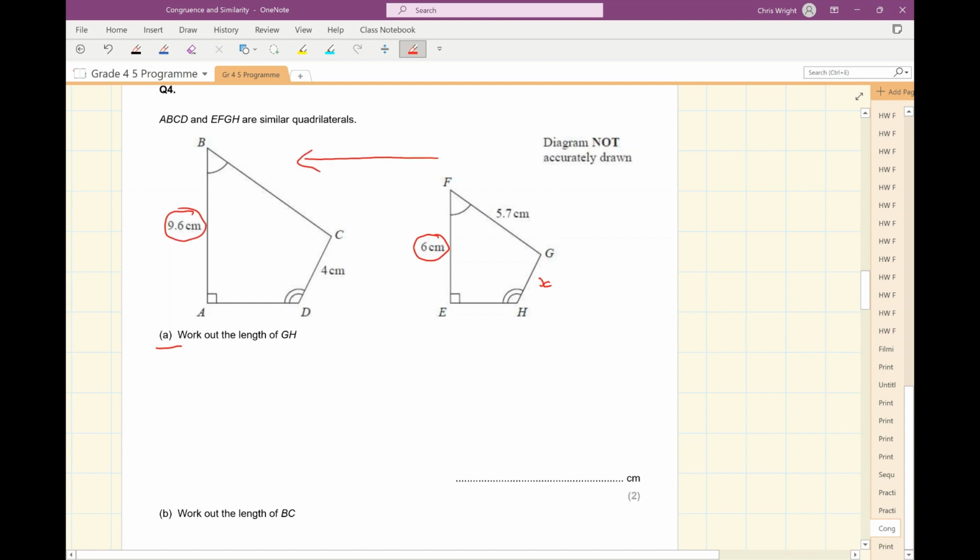So I'm going to do 9.6 divided by 6 to work out that the scale factor is 1.6. To go from small to large, I multiply by 1.6. Now, in this case, I'm going from the large to the small. So the answer is going to be 4 divided by 1.6. And so I get the answer 2.5.